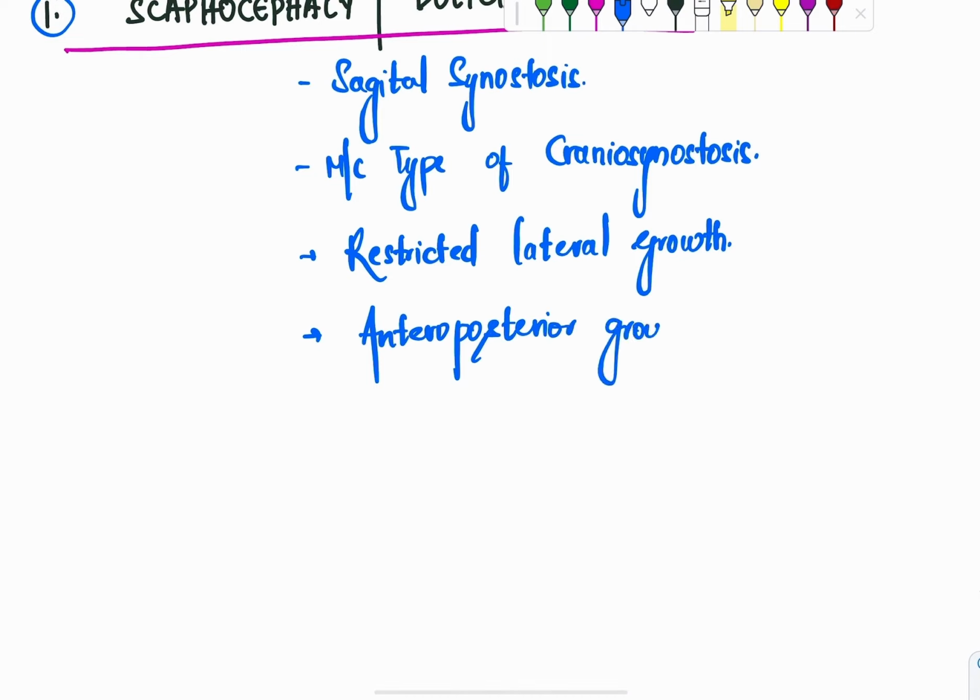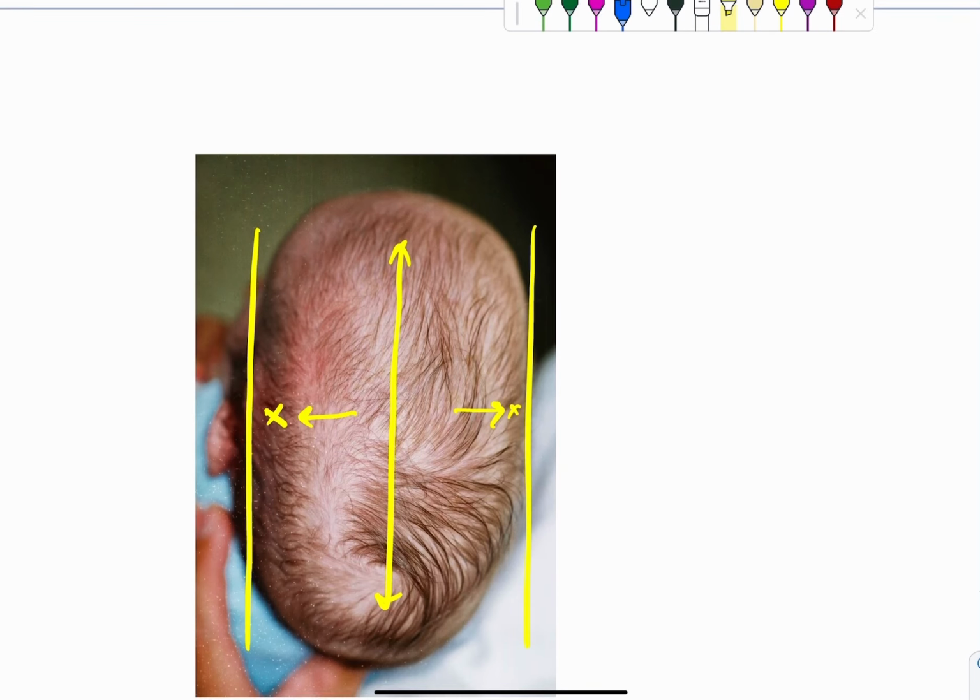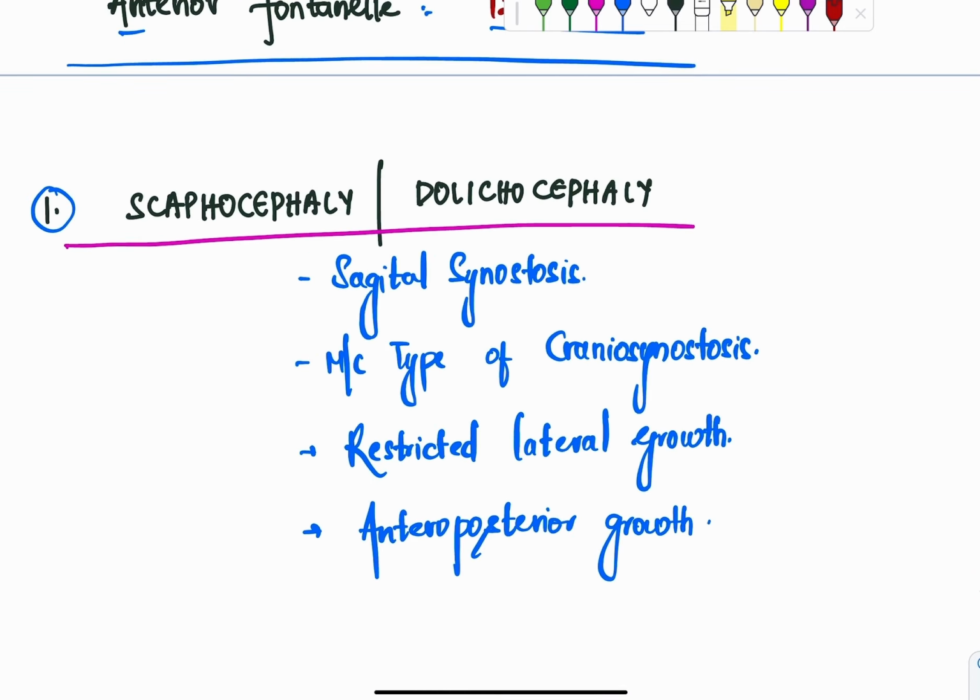Anteroposterior growth is maintained. And such a type of skull, you call it a boat-shaped skull. So the first pathology we discussed was scaphocephaly or dolichocephaly.